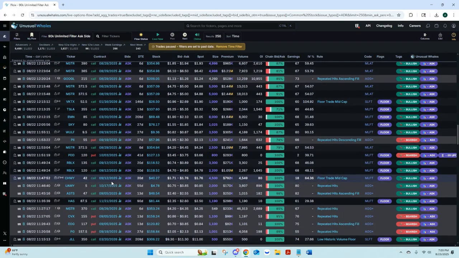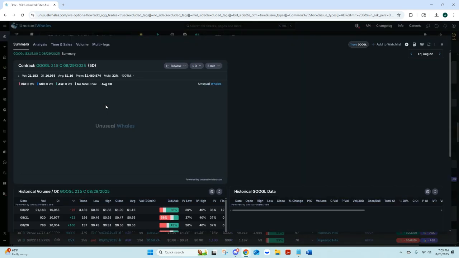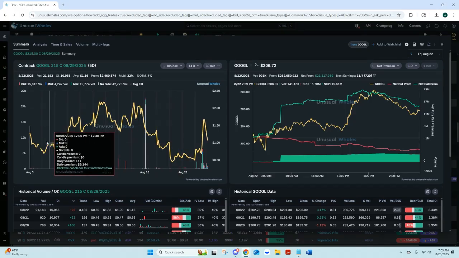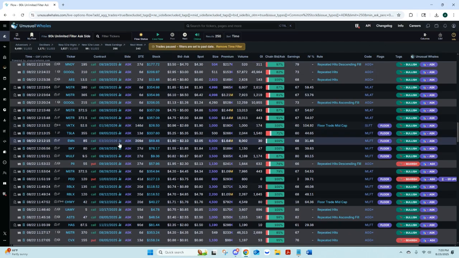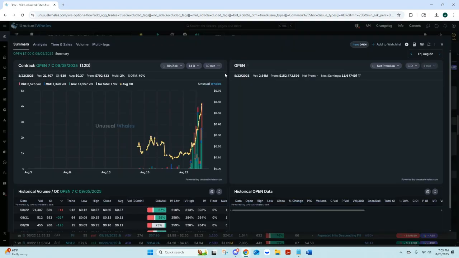We'll just take a quick peek at a couple more. Like these Googles, obviously there's a lot of volume against open interest. I usually just pop it back 14. I don't like all these volume spikes, so I just ignore it. Come in here like open. Let's look at these.